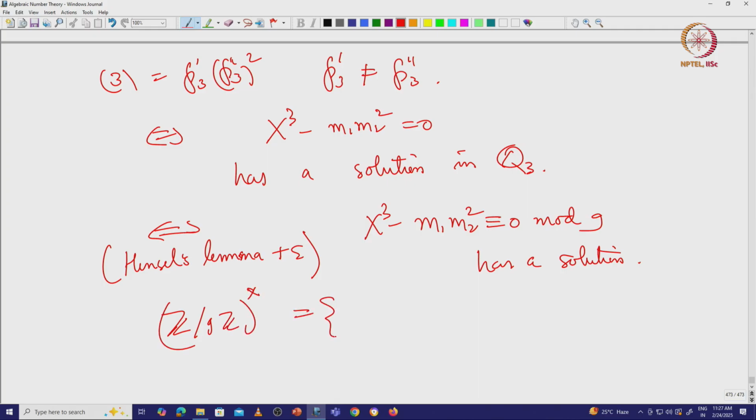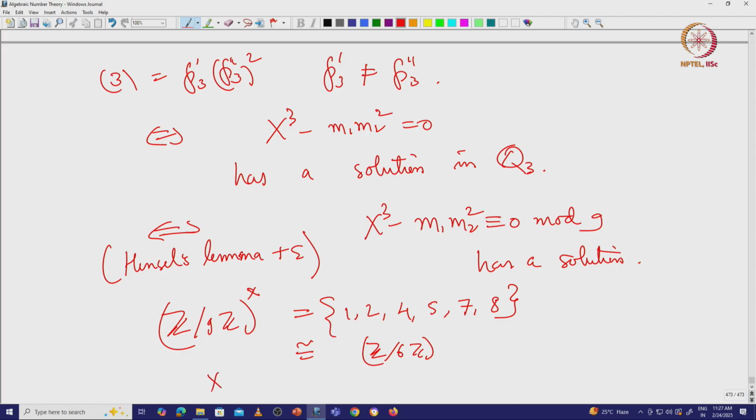Concretely, you can write it as 1, 2, 4, 5, 7 and 8, but abstractly this is isomorphic to Z mod 6 Z. The isomorphism is not unique, but it is isomorphic to this thing, and so the only cubes in here are plus and minus 1.